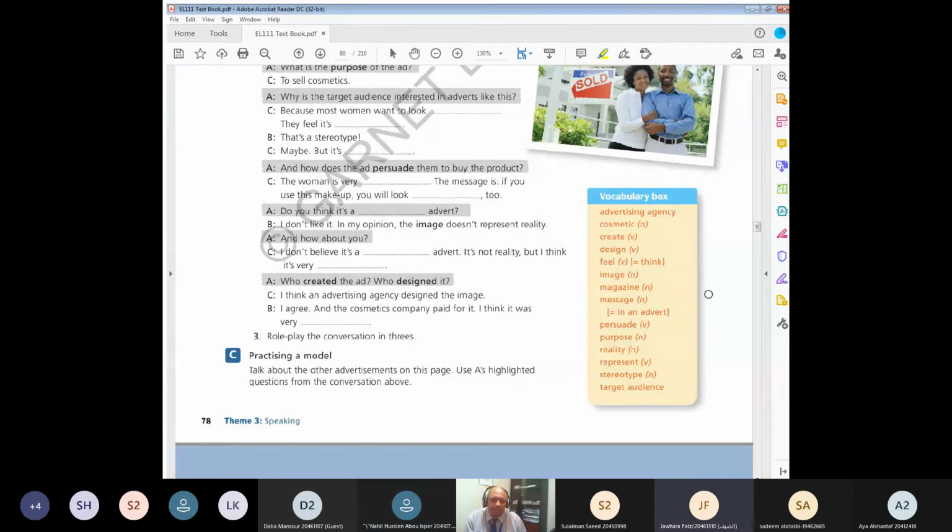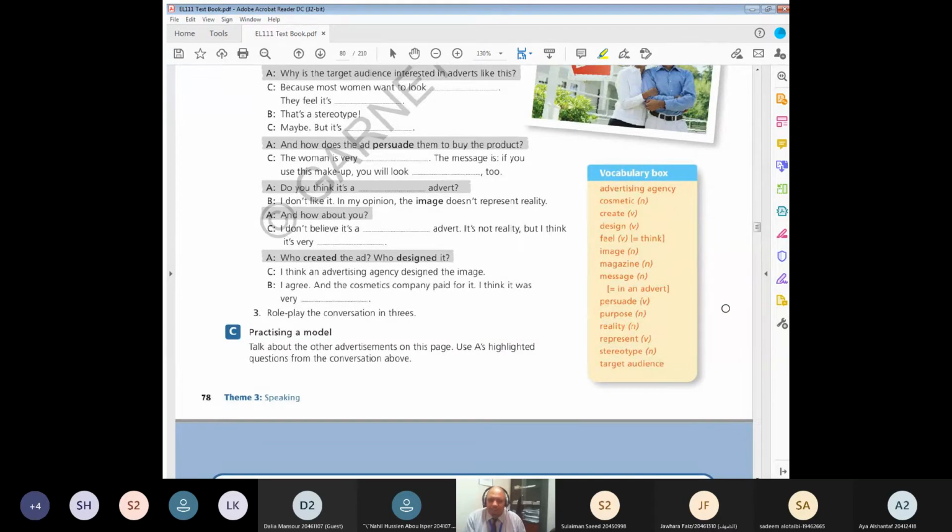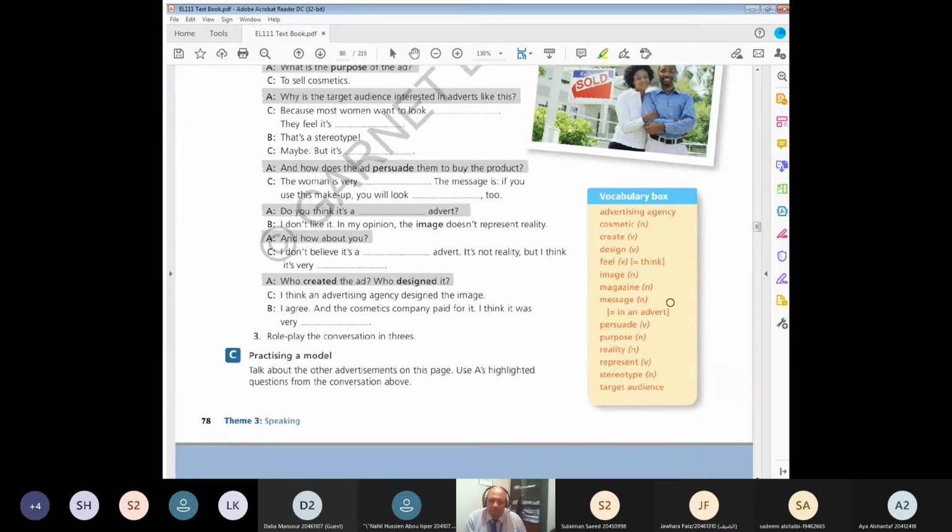Okay. So advertising agency is a company that makes advertisements. Cosmetic. When you have a cosmetic company, cosmetic has to do with makeup, with trying to beautify something, to make it more beautiful. We use it with makeup, and we use it with cosmetic surgeries, I'm sure you're familiar with.